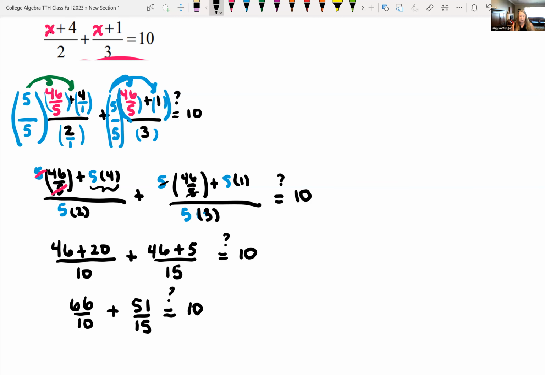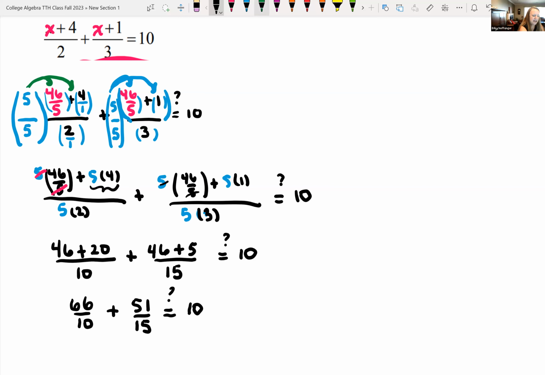So two things that we can do here. We can either combine those two fractions on the left-hand side as one fraction. If we do that, we need to get the least common denominator first before you can add or subtract fractions. Or we can do what we had done for solving the equation. We could simplify or get rid of the fractions within the equation by multiplying through by the LCD.